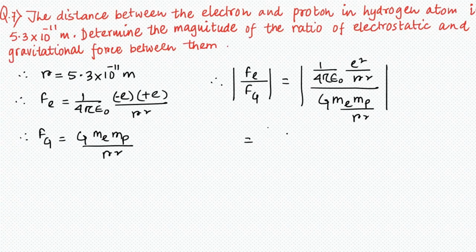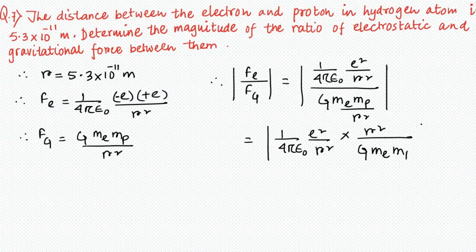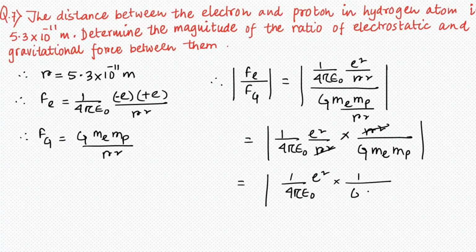That is equal to 1 upon 4 pi epsilon naught e square by r square into r square by G me mp. r square will cancel out with each other, and we'll be having 1 upon 4 pi epsilon naught e square into 1 upon G me mp.